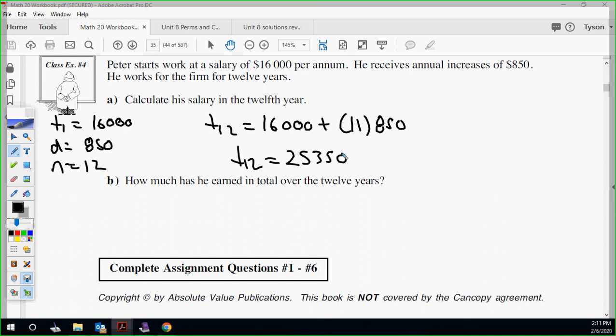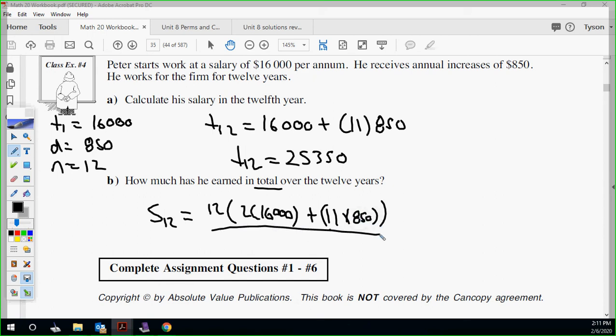Then it asks how much he made in the total 12 years. Now you see the word total. That's your S12, your series trigger: total. We have all the information, so we can just plug it in. It's 12 times 2 times A, that's 16,000, plus n minus 1, so 11 times your d of 850, all over 2.